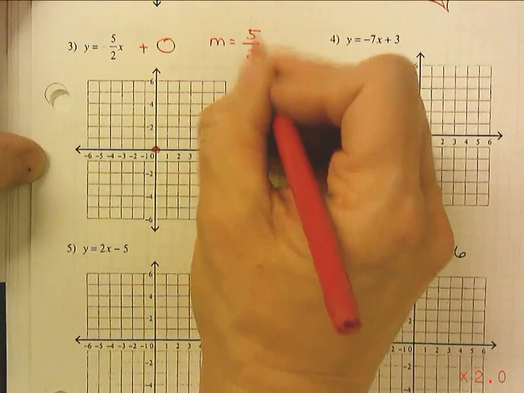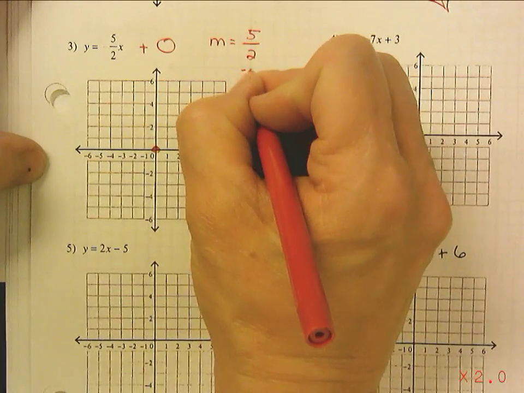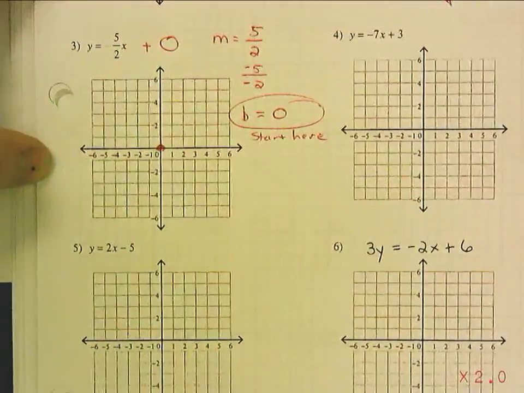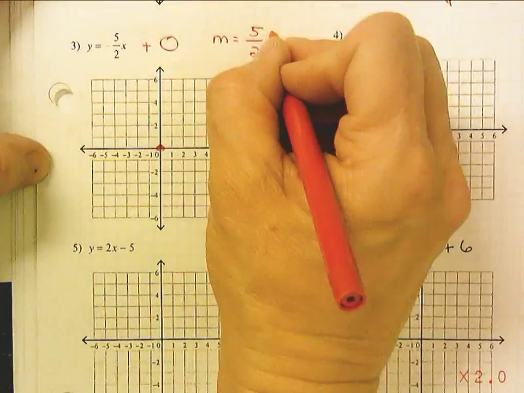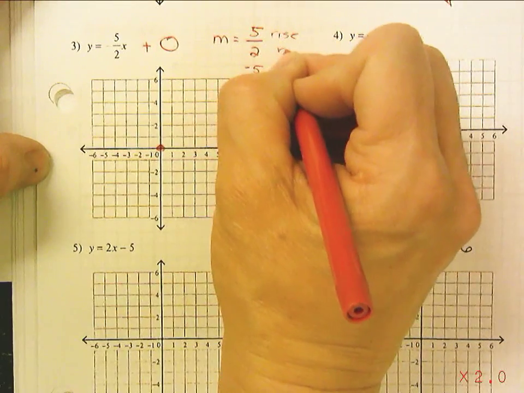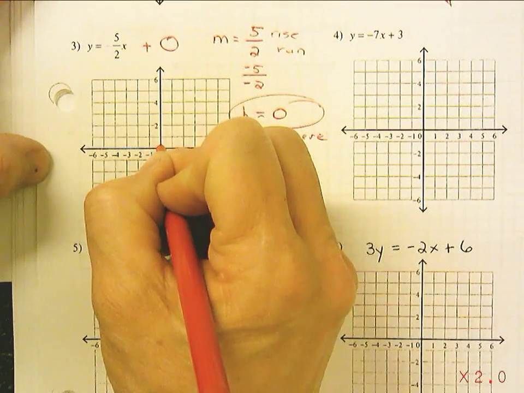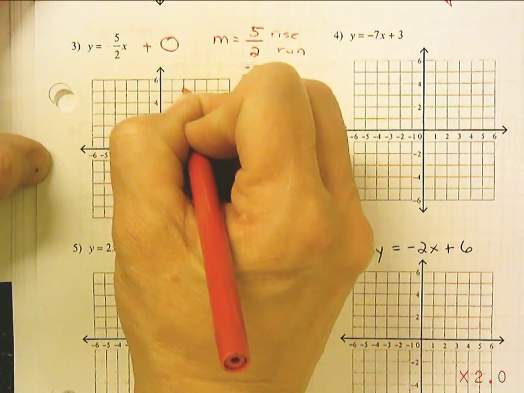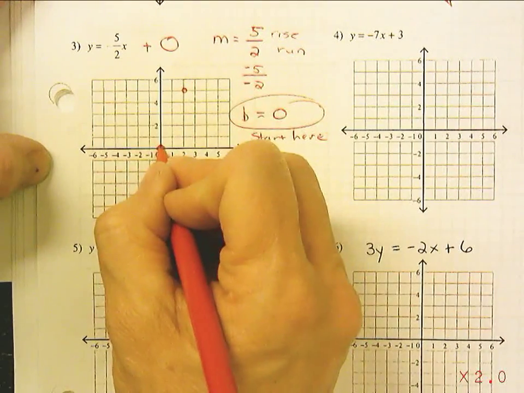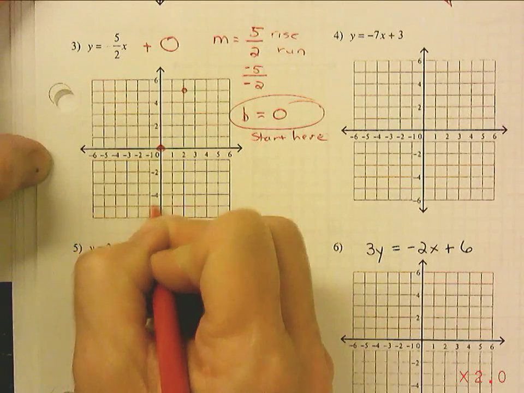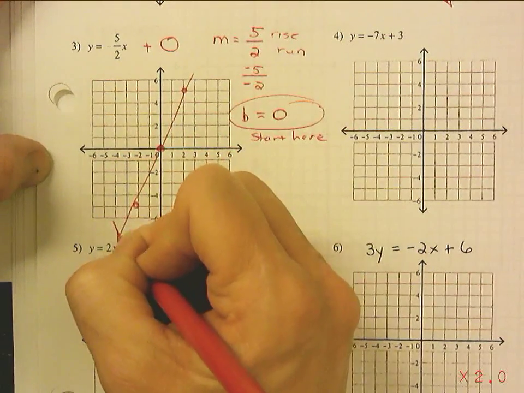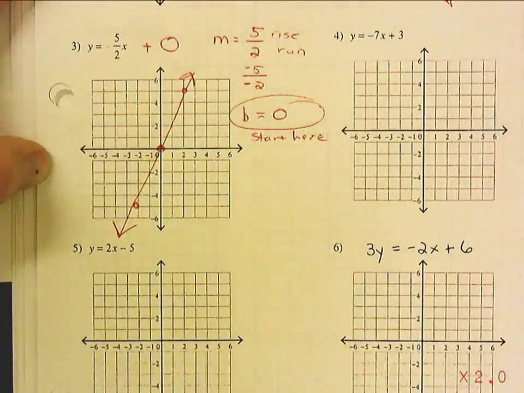And now it's a positive slope, which means it can also be written as -5/2. So this is the rise, this is the run. I rise 5 in a positive direction, I run 2 in a positive direction. I fall 5 in a negative direction, I run 2 in a negative direction. And this is my line.